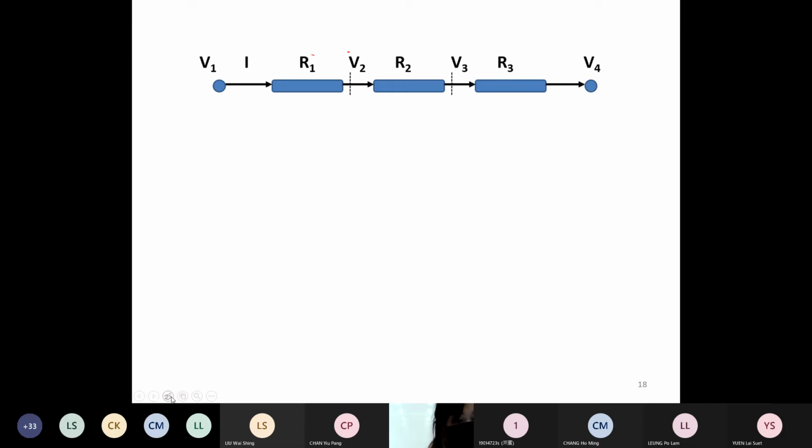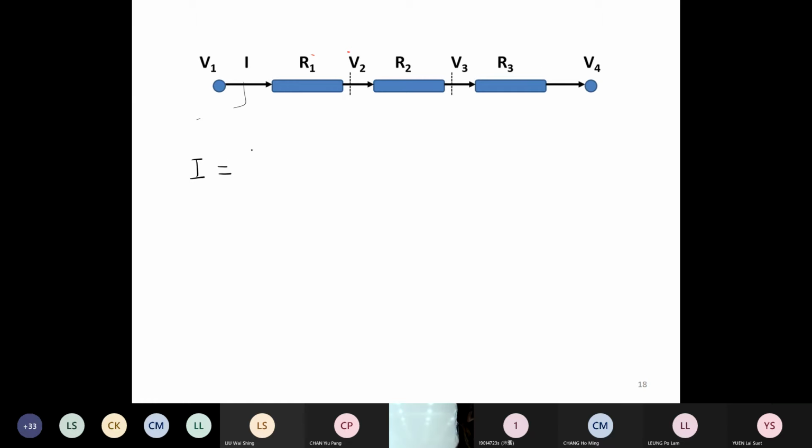See, this is our electric circuit, right? So what we have is, drawing the whole circuit is the same.